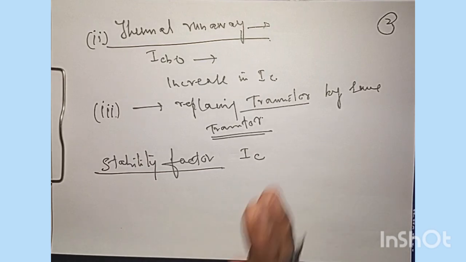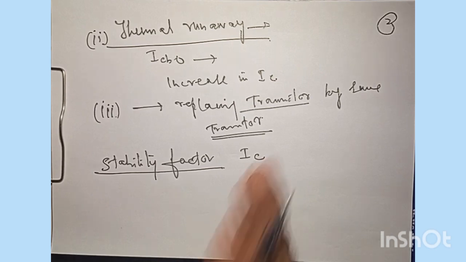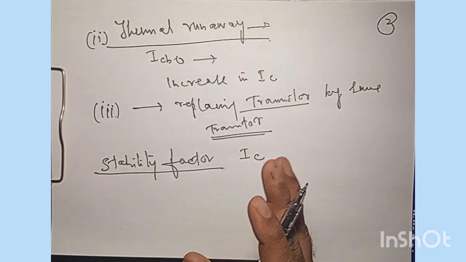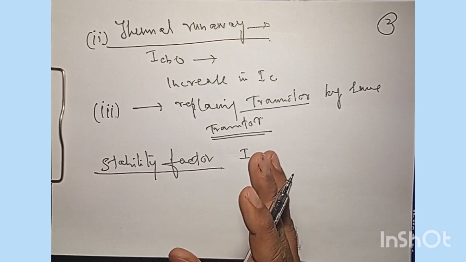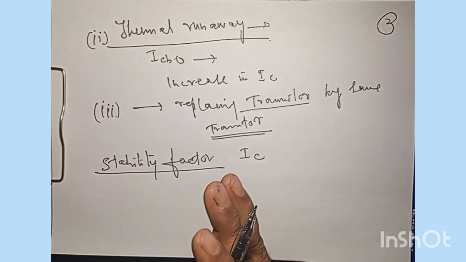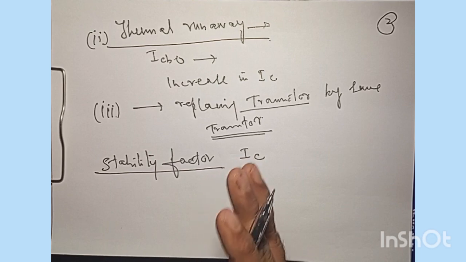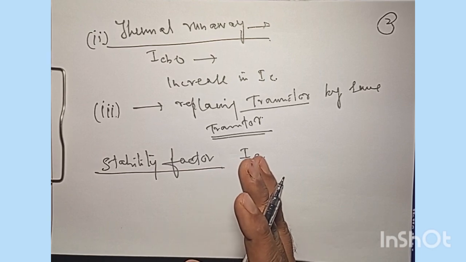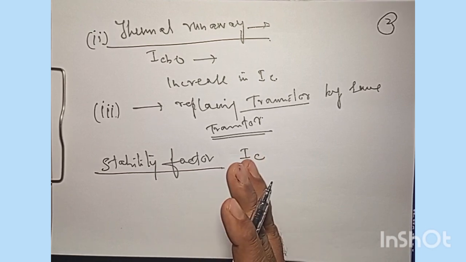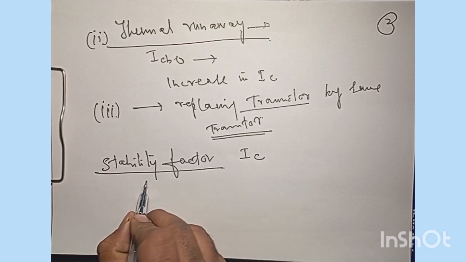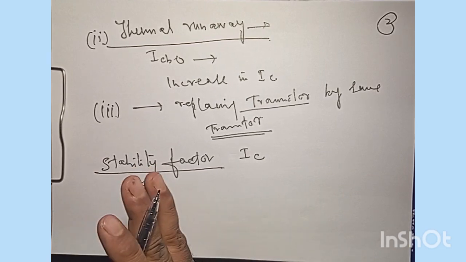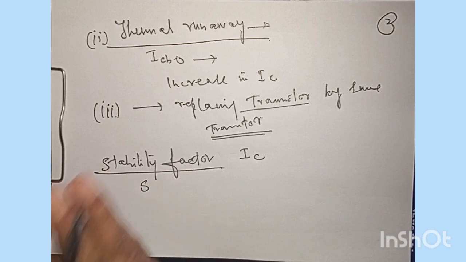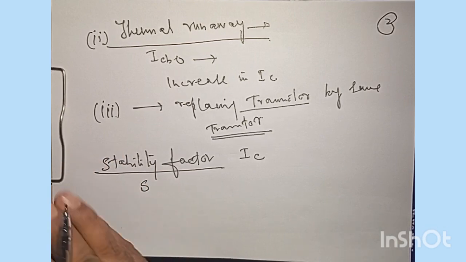The extent to which a biasing circuit is successful in achieving this goal is measured by a stability factor, and this stability factor, if I symbolize it as S, gives us the measure of to what extent the biasing is going to do its job.